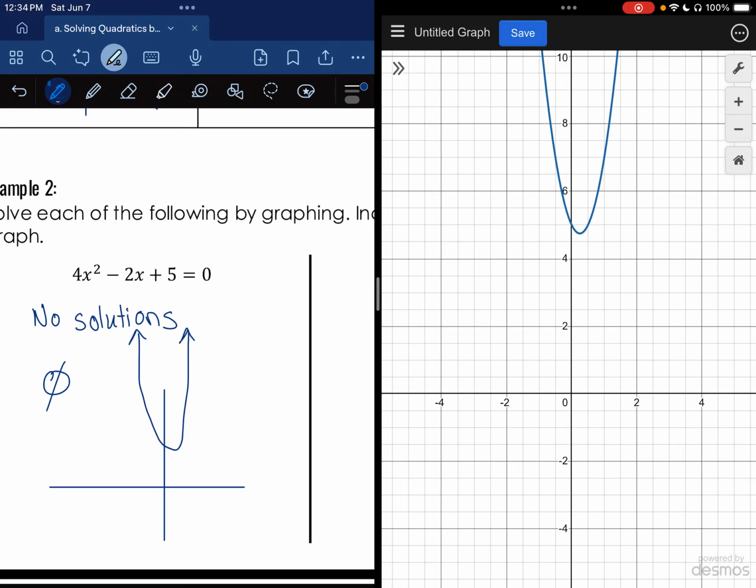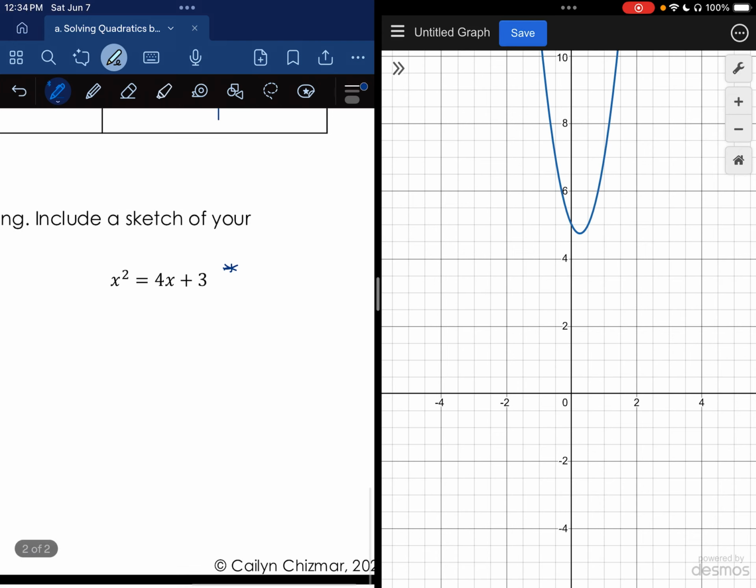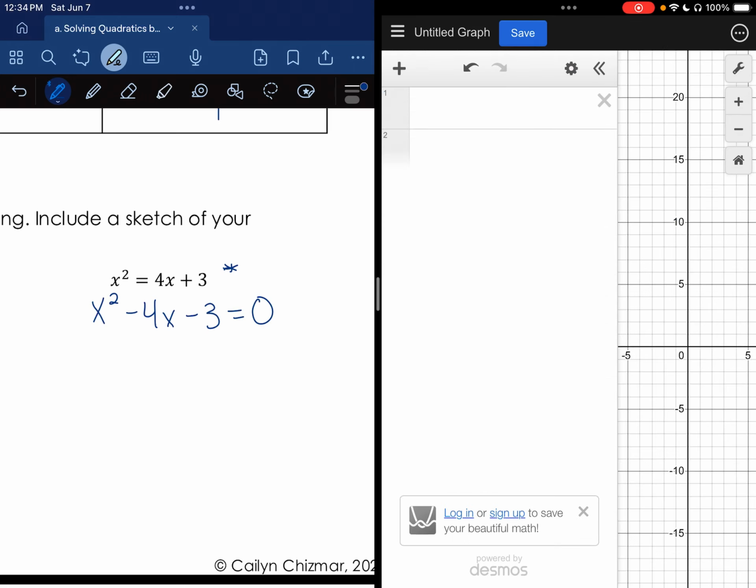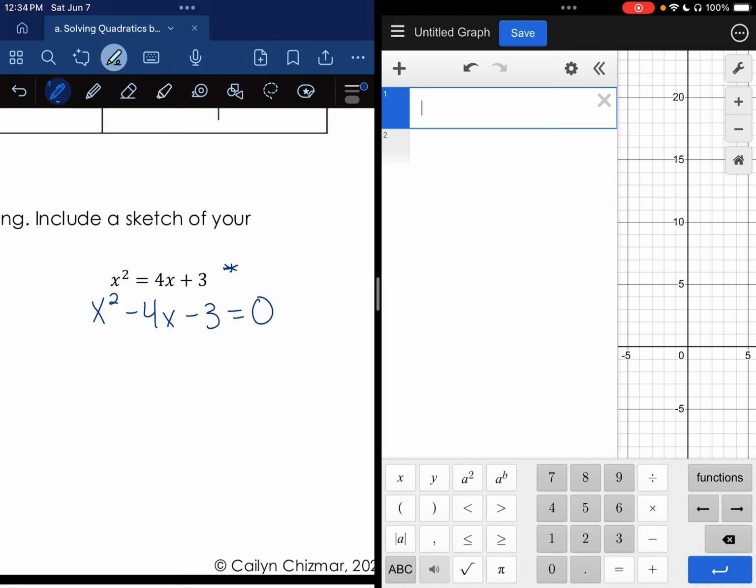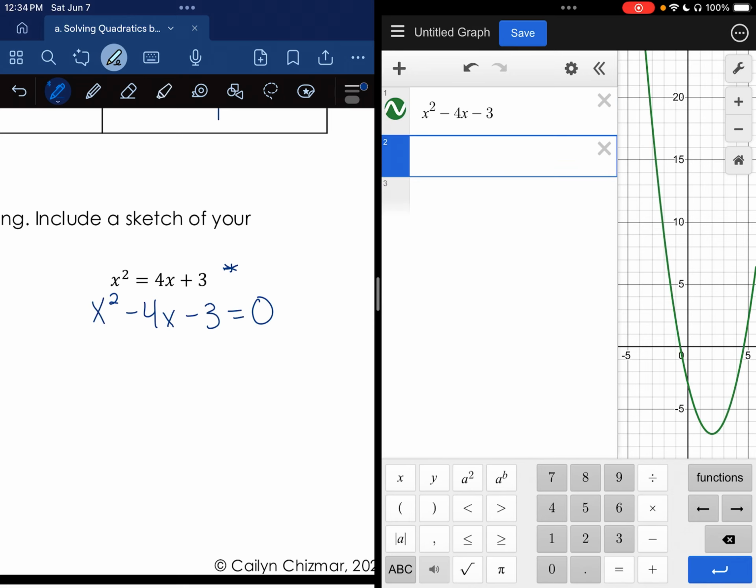All right, so for this last one, we move everything over. So I'll have 4x squared minus 4x minus 3 equals 0. You're probably wondering what happens if we had moved the x squared over instead.